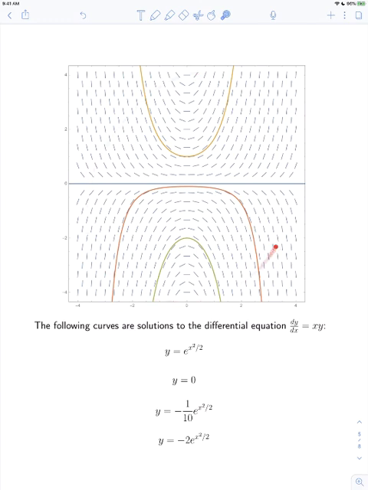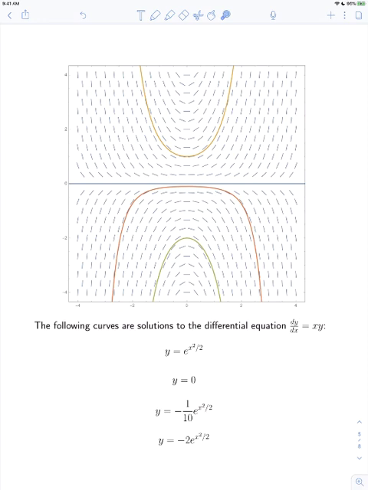But you can see here that there are many solutions represented. We've superimposed 4 solutions here. But there are in fact infinitely many solutions that would appear on this graph, or that could appear if we just drew them in. And you can sort of see where they would be if you just follow along with these little slope lines.